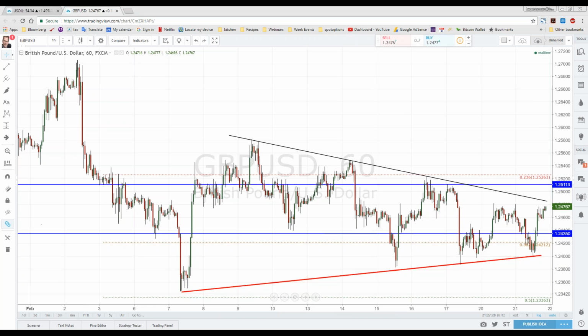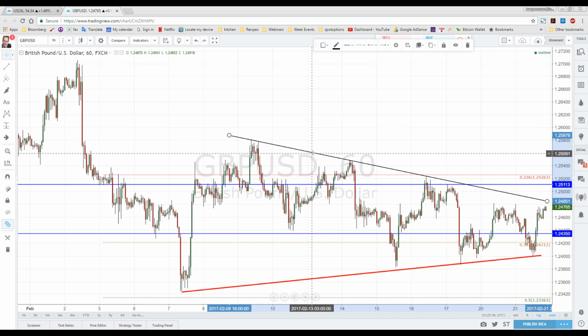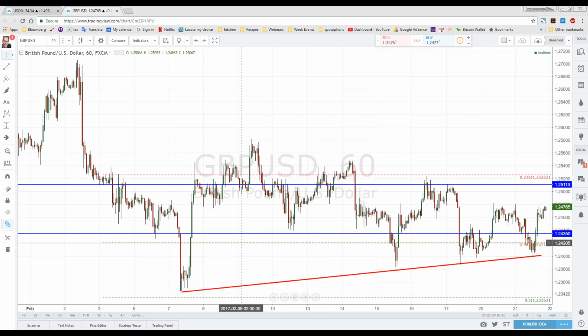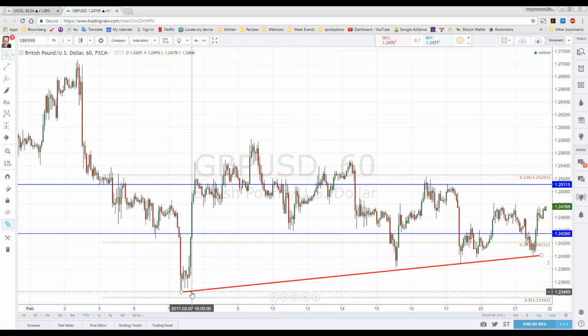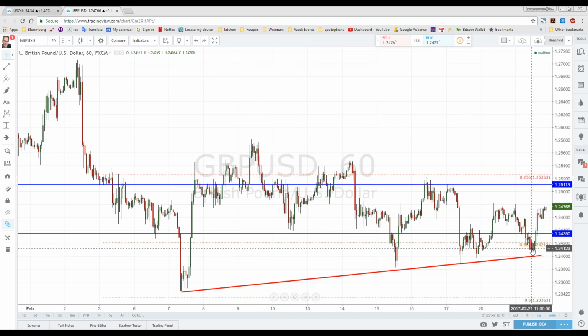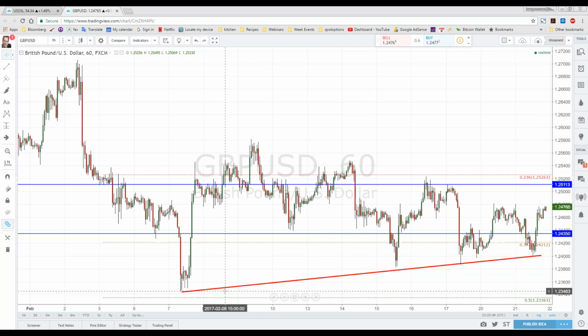We're here with the pound. Let's get rid of this line here. Here with the pound, we actually have a significantly important trend line that we have 1, 2, 3, 4 approaches on, and it is still very valid.